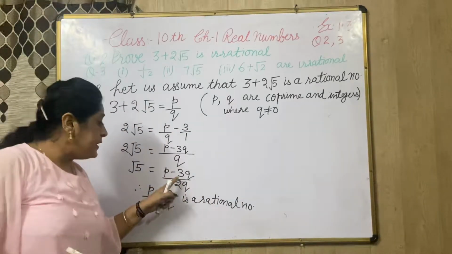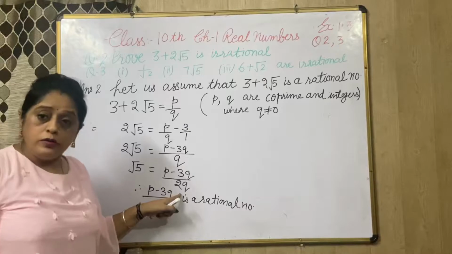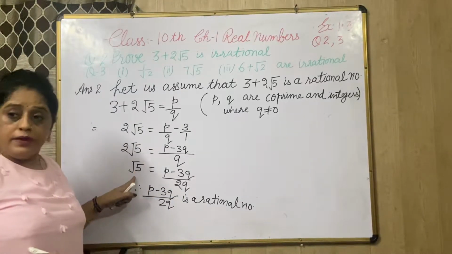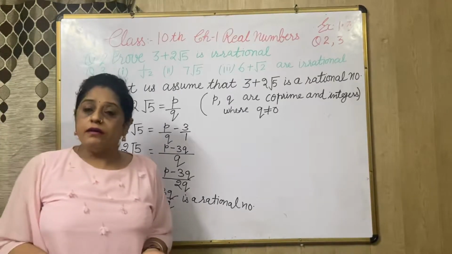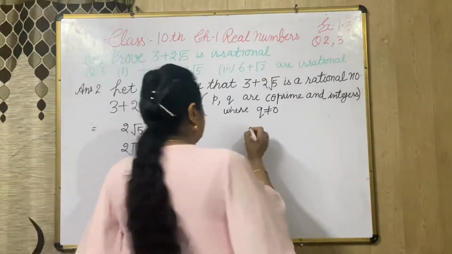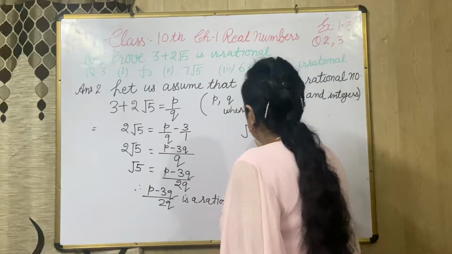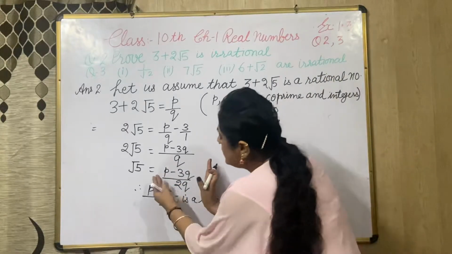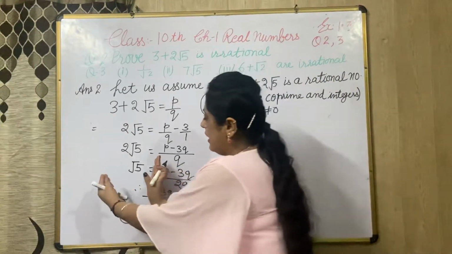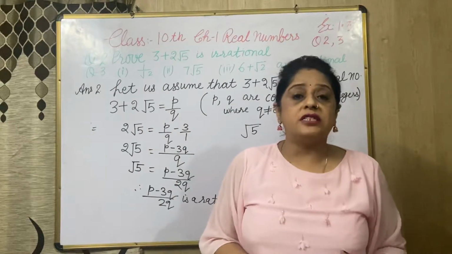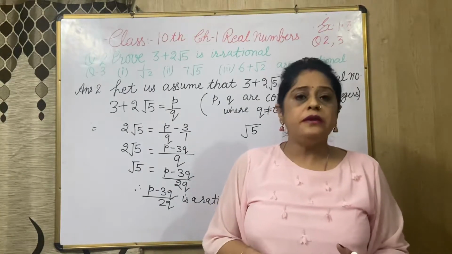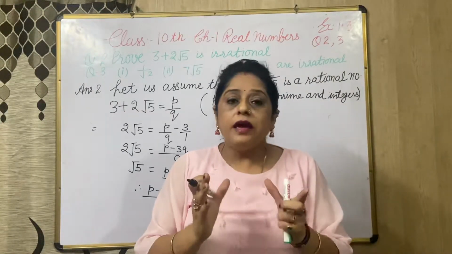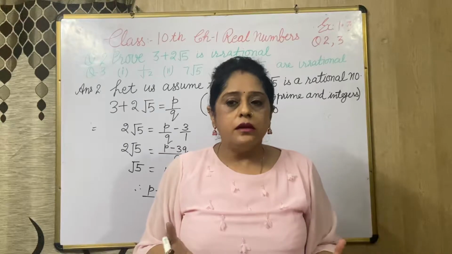But this p minus 3q upon 2q is equal to square root 5, but square root 5 is an irrational number. We can't write it is irrational. One side it is showing rational and one side it is showing irrational. Why has this happened? Because whatever we assumed is wrong.